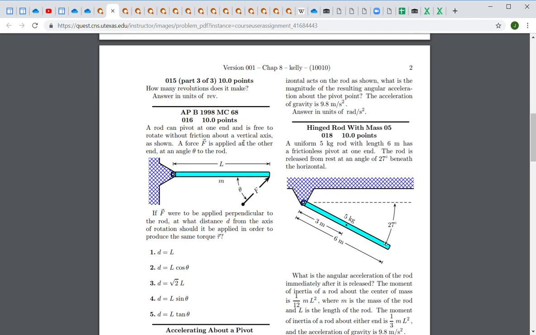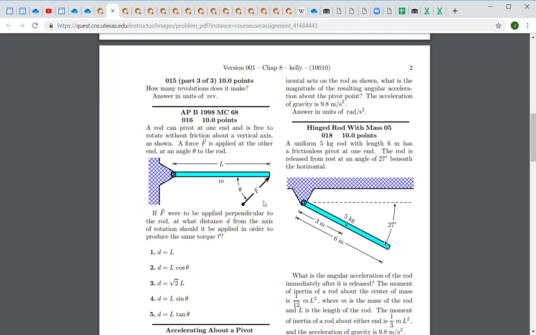same torque? One way to calculate the torque here is L times F times the sine of that angle theta. That angle theta is the same as the angle theta the way I usually drew it over here. Instead of thinking of it as F times sine of theta separately multiplied by L, we could think of it as the full F multiplied by L sine theta.